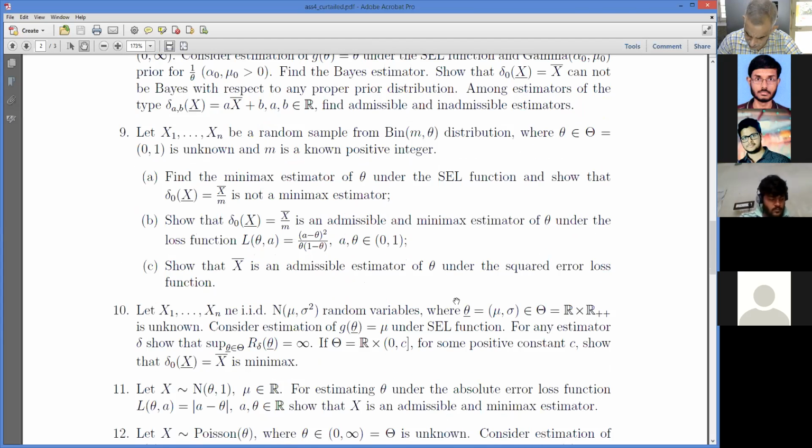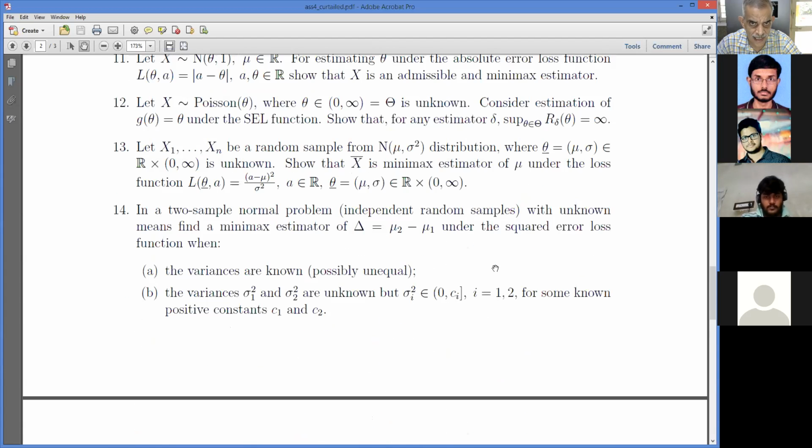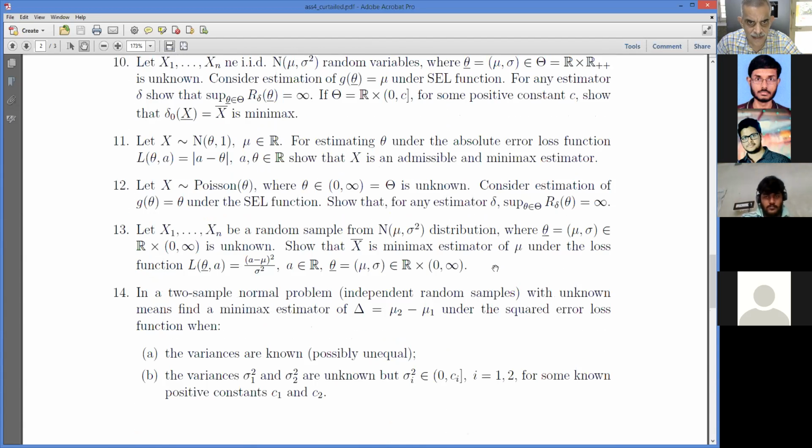Problem number 10 and this Poisson problem, where is that? I think problem 10, right? Problem 10 and 12 are same, right? Yes, sir. 11 is exactly the same as proving that x bar is admissible, right? Except that here you have to consider the risk function as mod of a minus theta. Is that okay? Yes, sir.